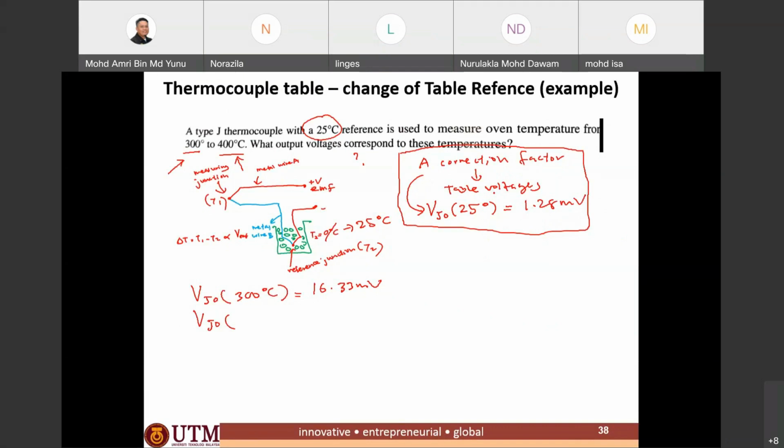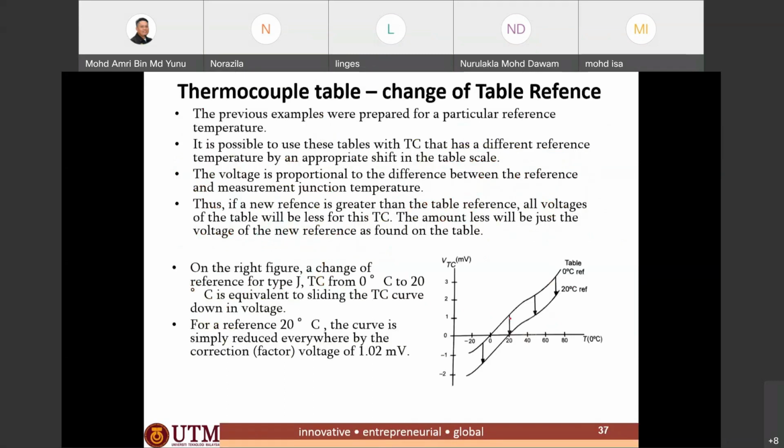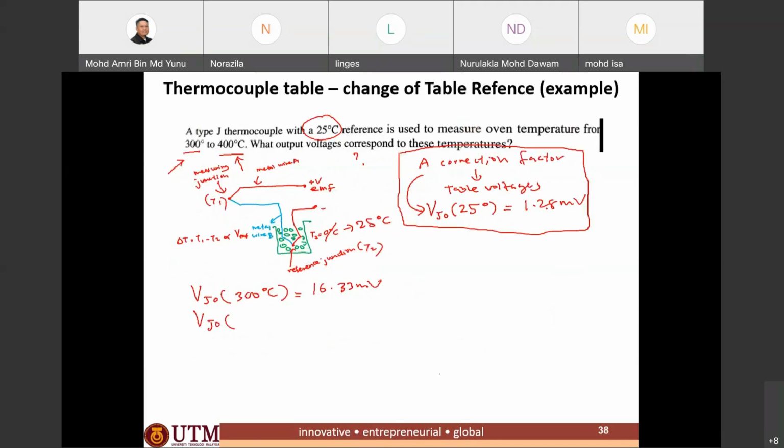This correction factor denotes the offset. That is the offset value, and at every value, this offset will have to be taken into consideration.